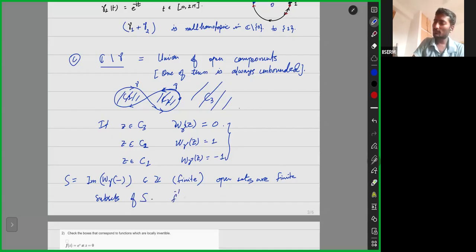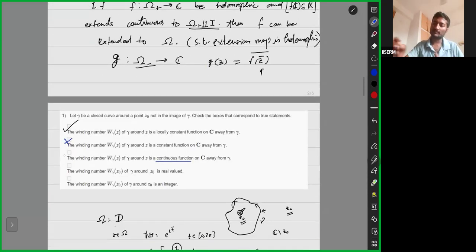And the inverse image under F of A alpha is going to be a disjoint union of open sets. So this is open in C minus gamma. So it is continuous, and this first part is correct.